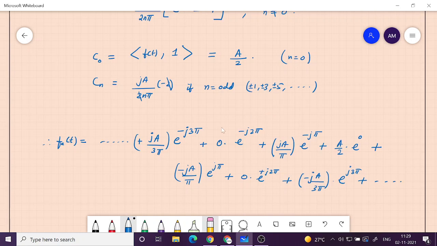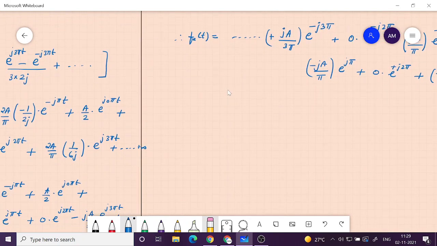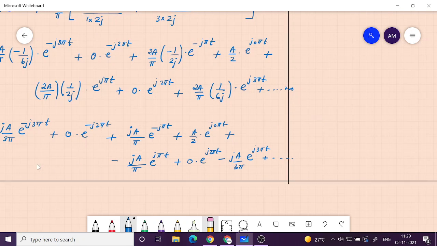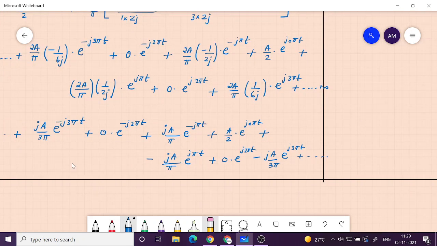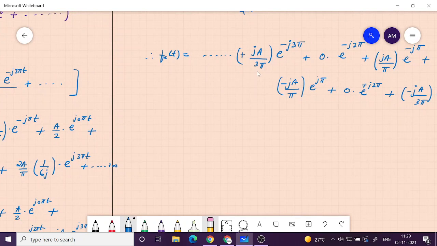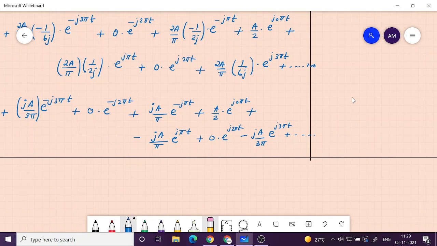So this is what we will get by direct method. Now if you compare the two, one is by using transformation from the trigonometric, and you can see that the coefficients are exactly the same. So we have here ja by 3 pi, and we have here ja by 3 pi, and then for minus 1 we have ja by pi, so same thing here, and for plus 1, it will be just a conjugate of this.